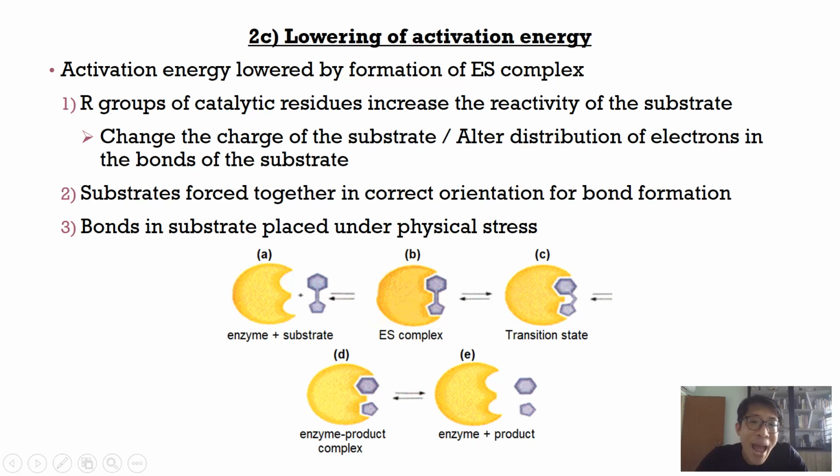It does not really bend, molecularly speaking, but I suppose you can understand using this analogy. So it places the bond under stress, and that of course facilitates the breaking of the bond. And this is only possible with a change in shape of the enzyme and the active site, and that is again proposed or explained by the induced fit hypothesis.